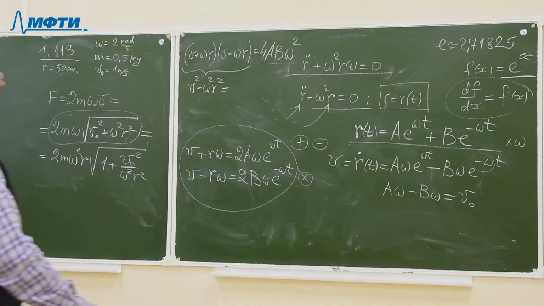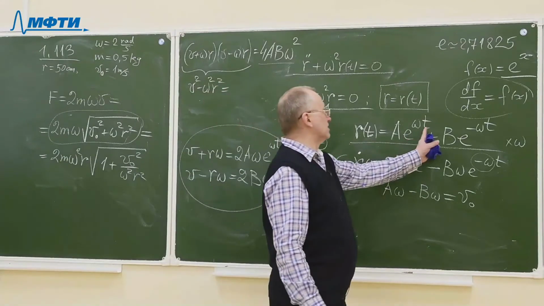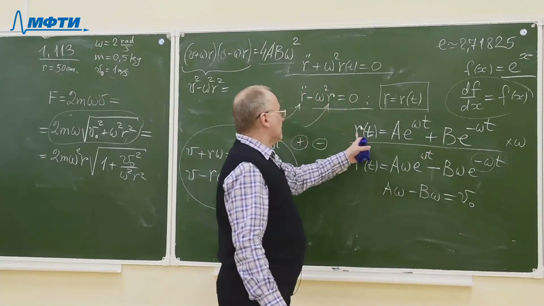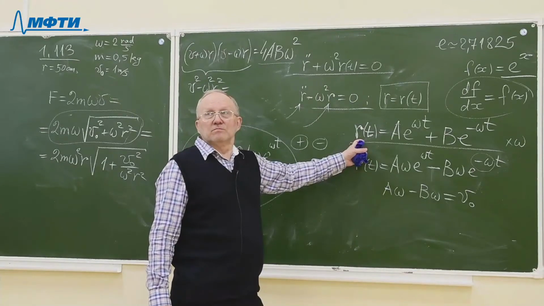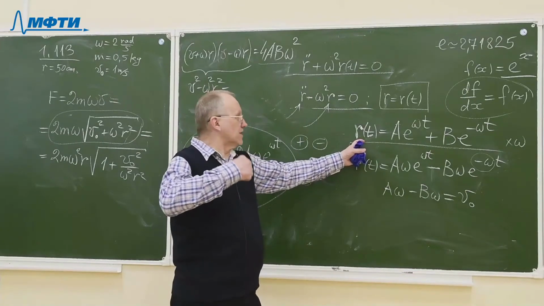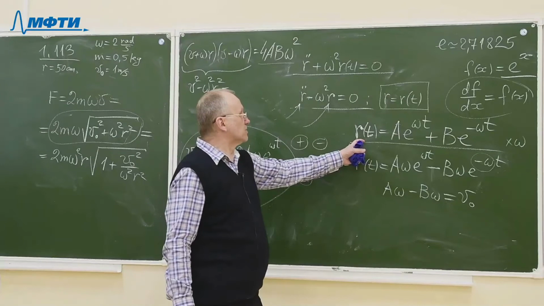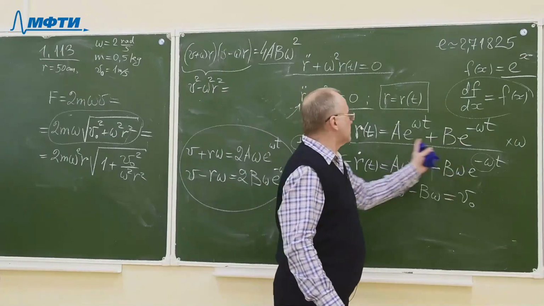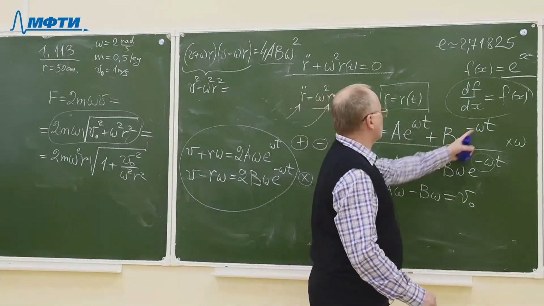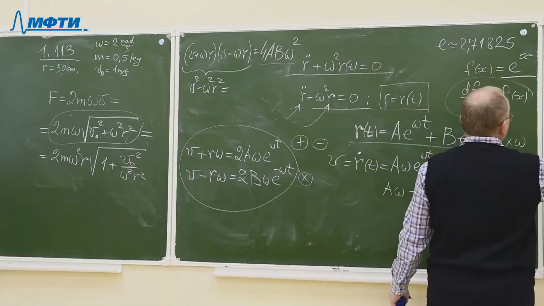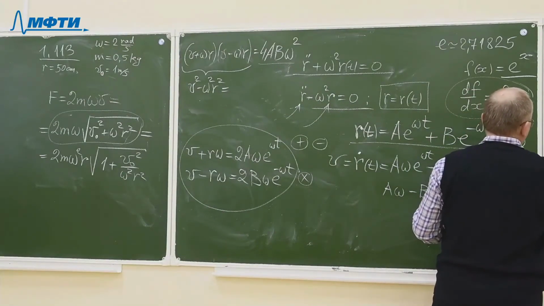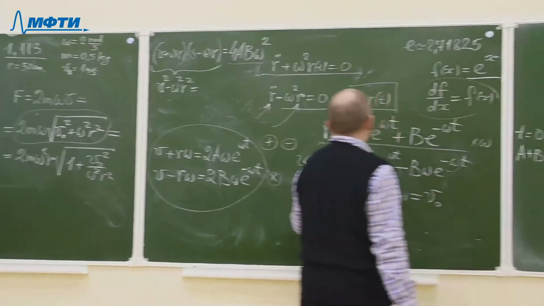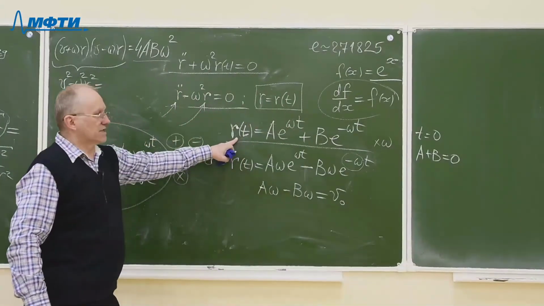Also we know that at the initial moment of time, when t was 0, the distance r was also 0. The ring was at the beginning, at the axis of rotation. So this condition will give me, when t is 0, a plus b is 0, because the distance r was 0.